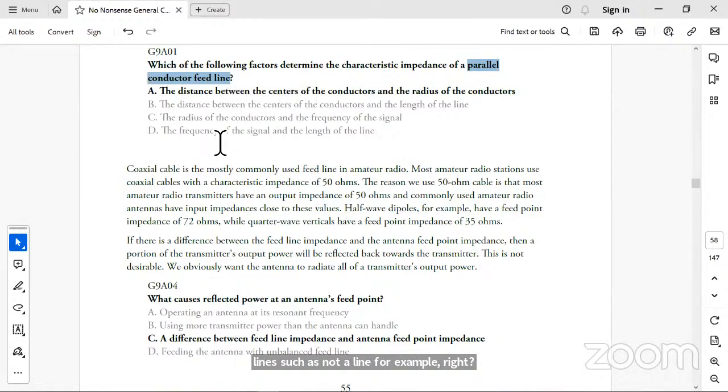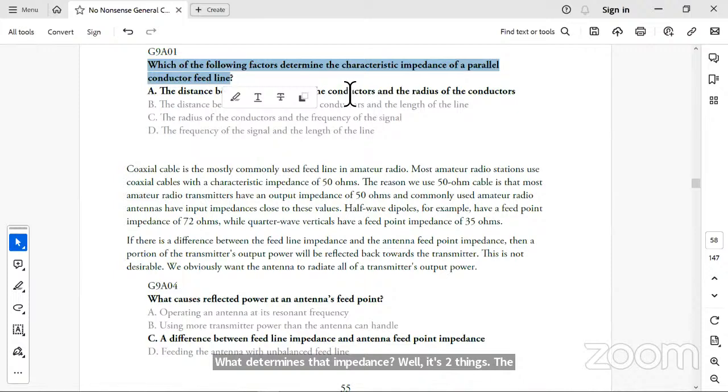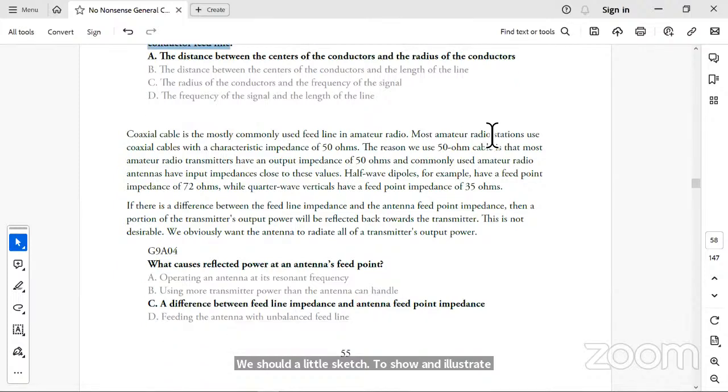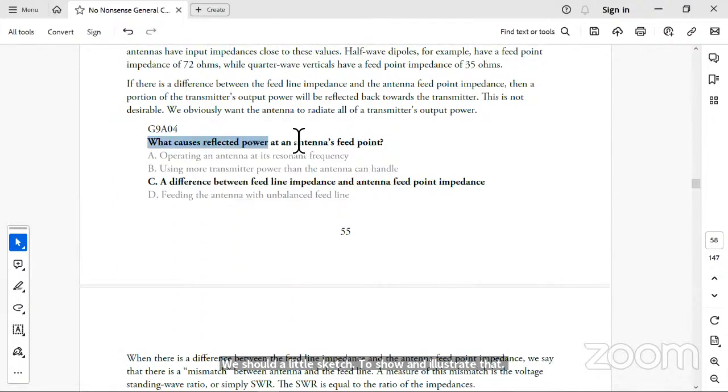What determines that impedance? Well, it's two things. The distance between the centers of the conductors, that's one, as well as the radius of the conductors. So remember we showed a little sketch to show and illustrate that. So that's the correct answer.